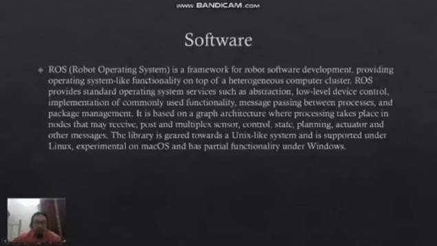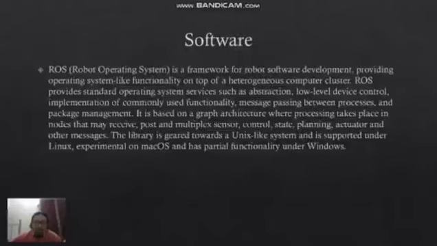The software is ROS, Robot Operating System, a framework for robot software development, providing operating system-like functionality on top of a heterogeneous computer cluster. ROS provides standard operating system services such as hardware abstraction, low-level device control, implementation of commonly used functionality, message passing between processes, and package management.